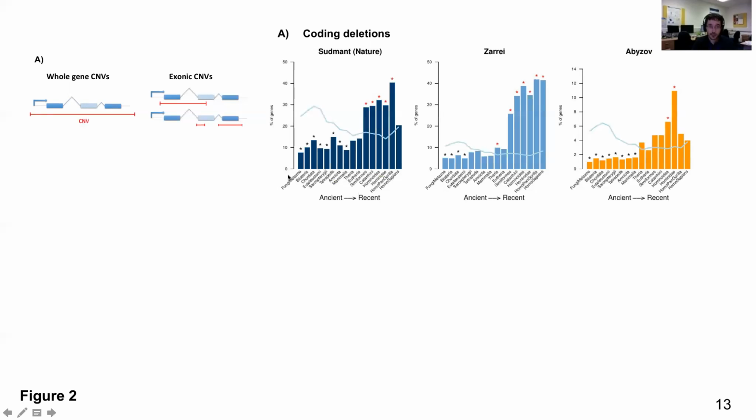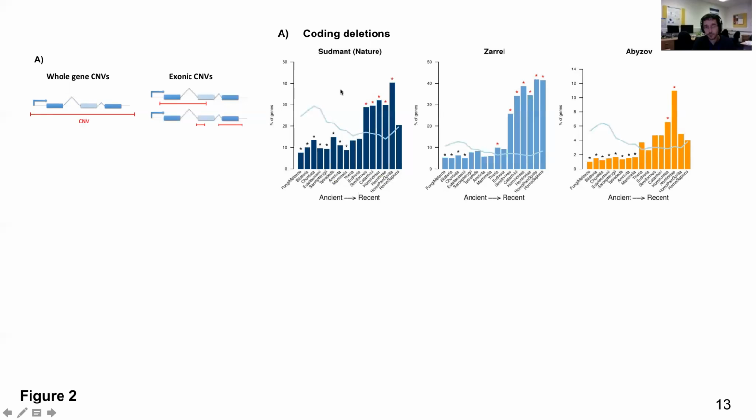Okay, so here what I'm showing is the percentage, for example, for fungi-metazoa, that are the older genes we have. This would be the proportion of the genes that show deletions affecting their coding sequence, either by whole gene deletions or exonic deletions. What you can see is that the proportion of having deletions in the old genes is lower than expected by chance. That is what is indicated by these black asterisks.